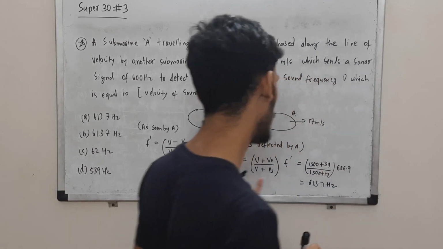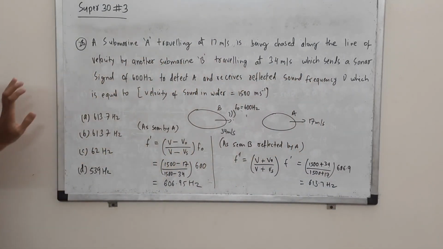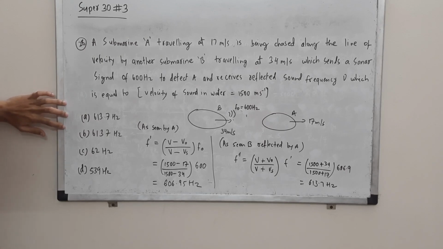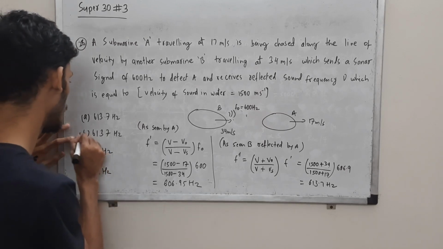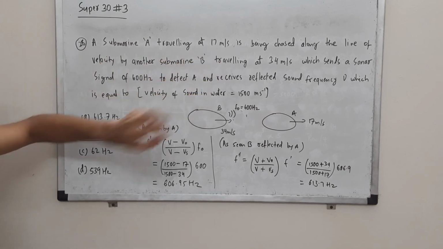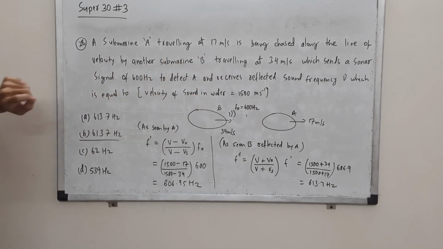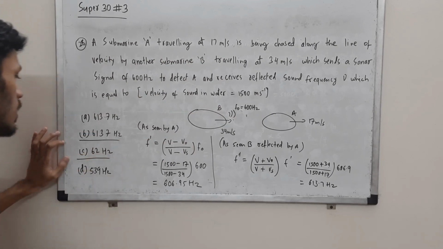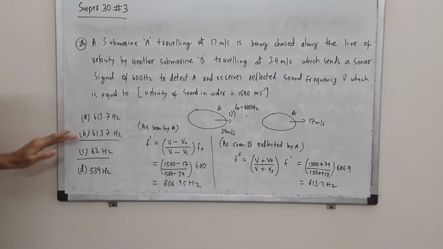Even the options were very bold over here, so you could actually neglect some of them. If you see, this is very high. You cannot obtain such frequencies at such low speeds. Such a difference in frequency, 600 to 6000, can't happen. Also, this is extreme, this is 1/10 of that. Then the only competitor is this, so it can be among these two, and this one is closer.